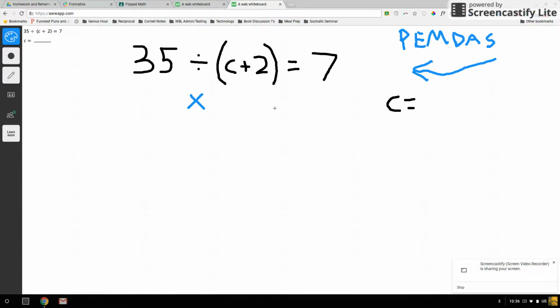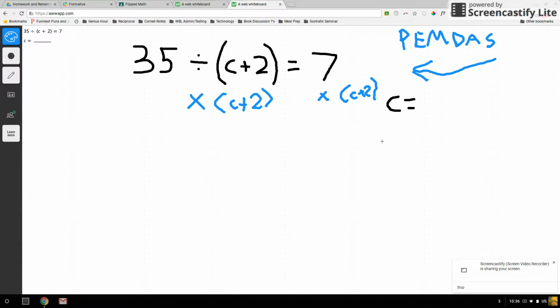So this is the complicated part. We have to kind of shift this to the other side. Because we're dividing by c plus 2, if we want to get rid of it or undo it, we have to multiply by c plus 2. If I do that to one side, I do it to the other side, so times c plus 2 in parentheses. And now I'm going to rewrite my equation.